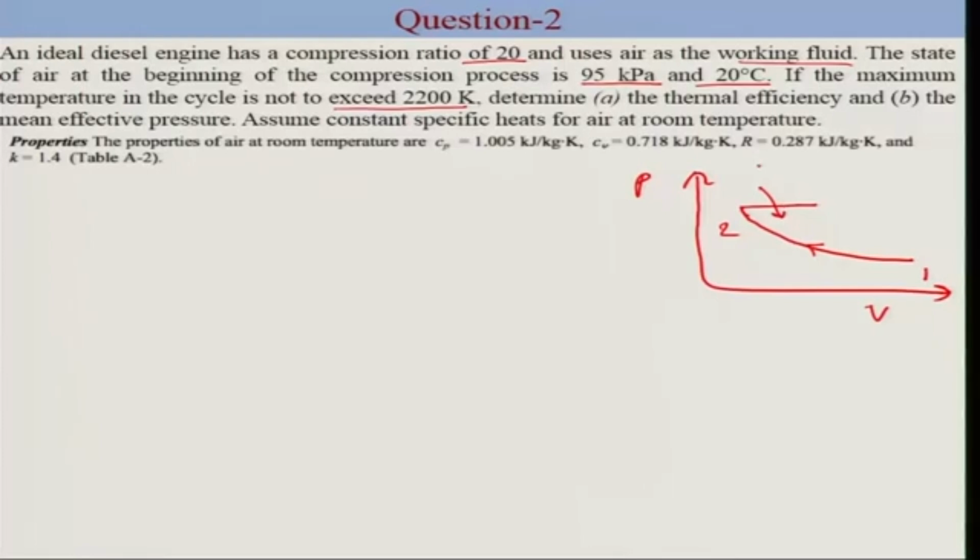Okay, so heat will be going in at constant pressure. Now from state 3 it will expand isentropically to state 4, and finally it will reject heat at constant volume. Okay. So this is the complete diesel cycle.